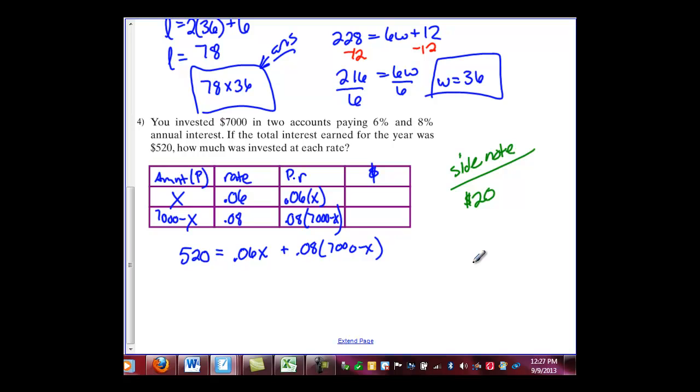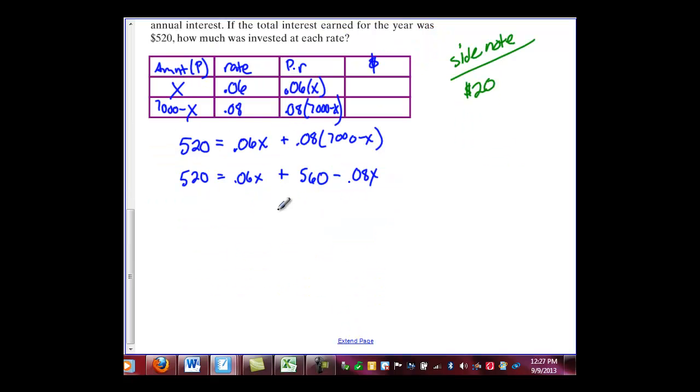Okay, so at this point, we're just going to kind of plug through it. So we have 520 equals 0.06x plus, we need to multiply here. Is that right? 560? All right, we'll combine like terms. So we have 520 equals negative 0.02x plus 560.